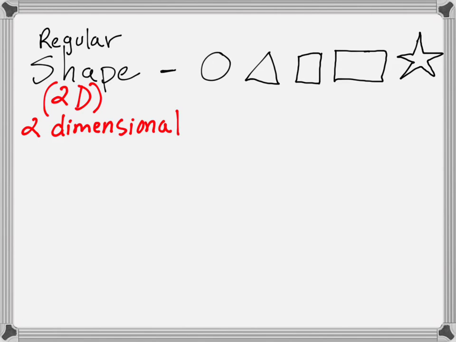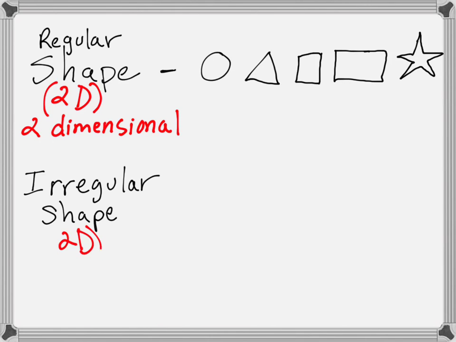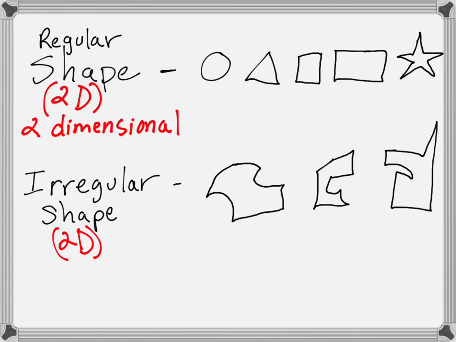They are two-dimensional, which means they have some length and width. Then there are irregular shapes, which you may not recognize, and they could be made up of curves and diagonals and any other line, but they do not have a name.